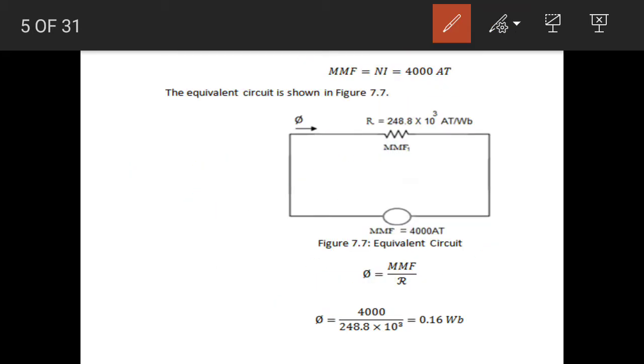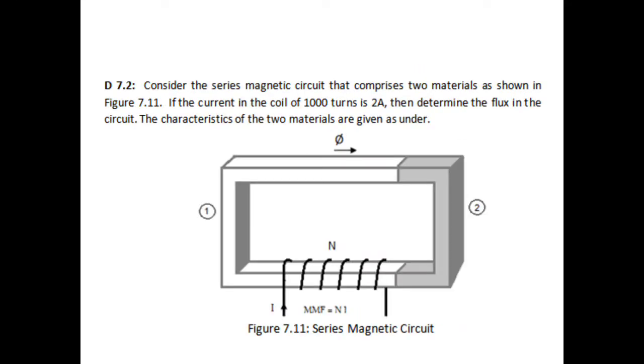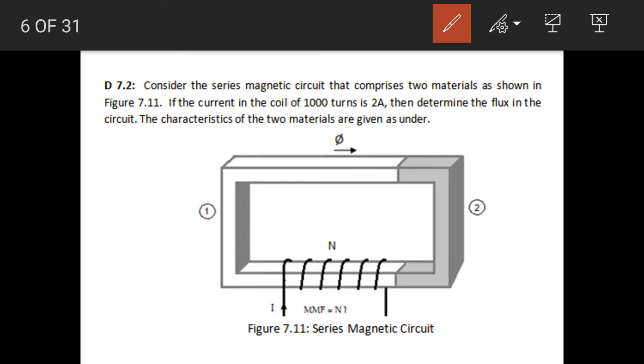Let us do a series magnetic circuit. We have been given a series magnetic circuit in example number 7.2. Consider the series magnetic circuit that comprises two materials. You see, this is material number 1, and here is material number 2, and these two materials are in series in this magnetic circuit.